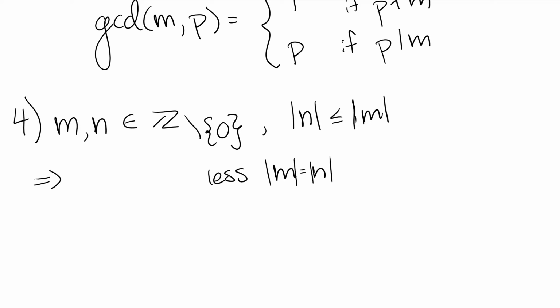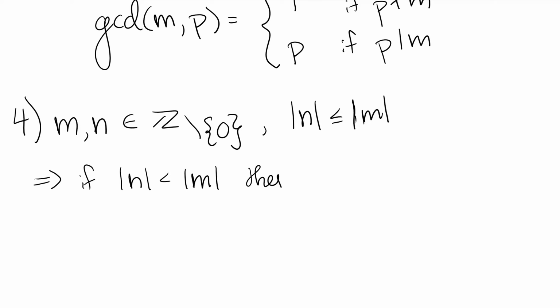So maybe how I should say this is, if the absolute value of n is strictly less than the absolute value of m, then m does not divide n. Right, because it's bigger, so how does that make any sense? Its absolute value is bigger.